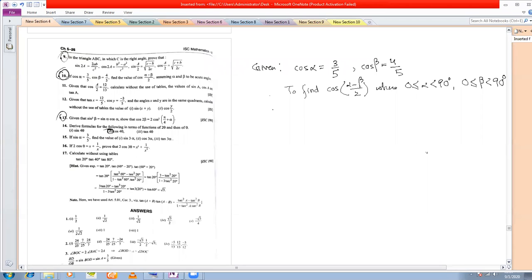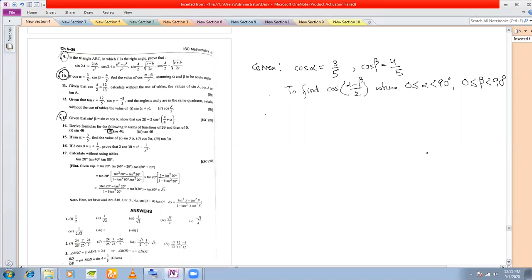In order to find the value of cos of (alpha minus beta) by 2, you must notice here that if alpha and beta are acute angles, then alpha minus beta must also be an acute angle, isn't it? We cannot say anything about alpha plus beta, but definitely we can say about alpha minus beta. Suppose alpha is 47 degrees and beta is 87 degrees, then alpha minus beta will always be less than 90 degrees.